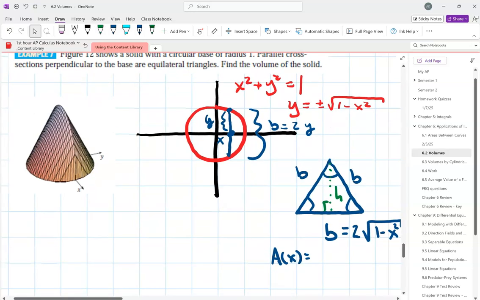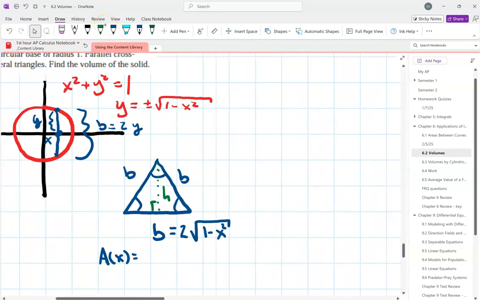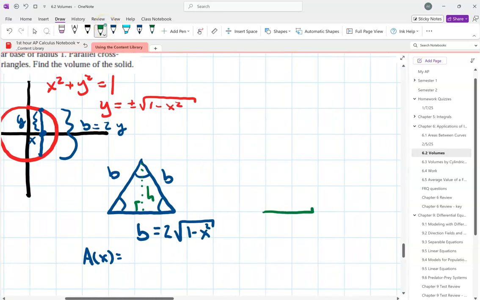Now, what I observe here, if I take this and redraw this for a moment, is that this is a 30, 60, 90 triangle, right?